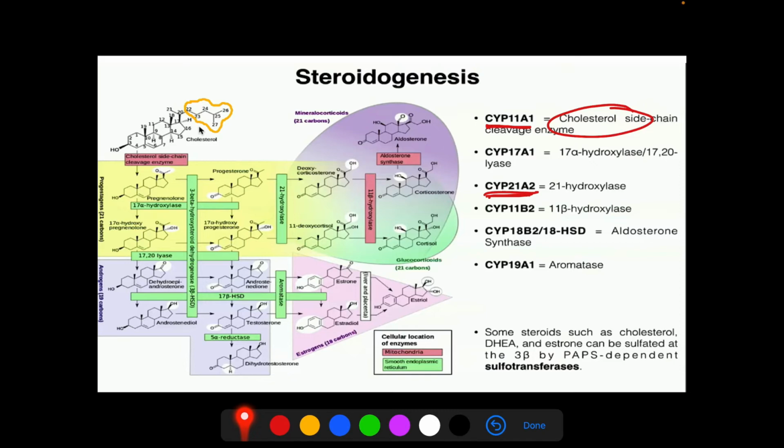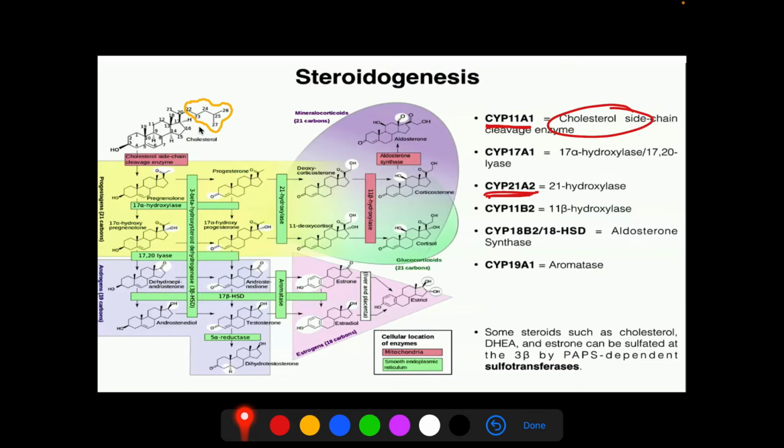And then the next enzyme, the red one, the 11-beta hydroxylase. It will hydroxylate the 11th position in the 6-membered ring. So the 11-beta hydroxylase will hydroxylate the deoxycorticosterone into corticosterone.